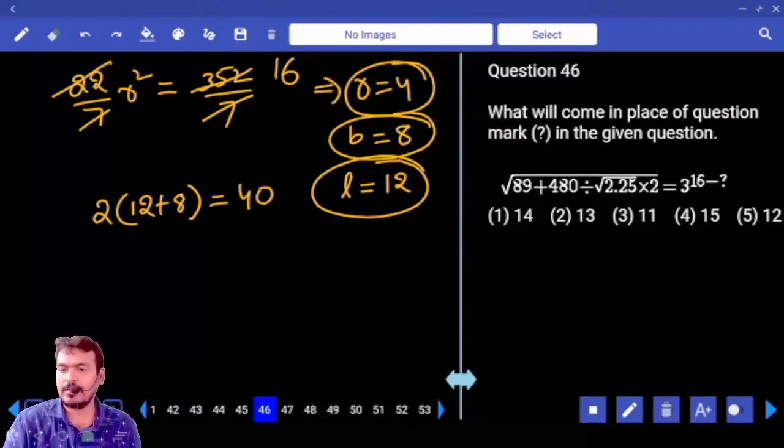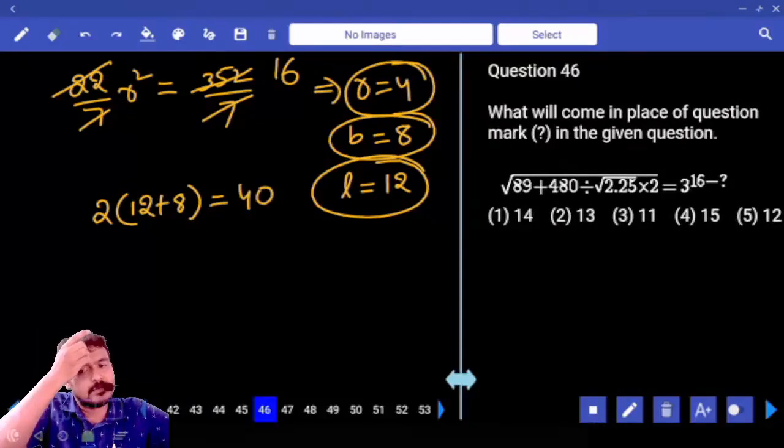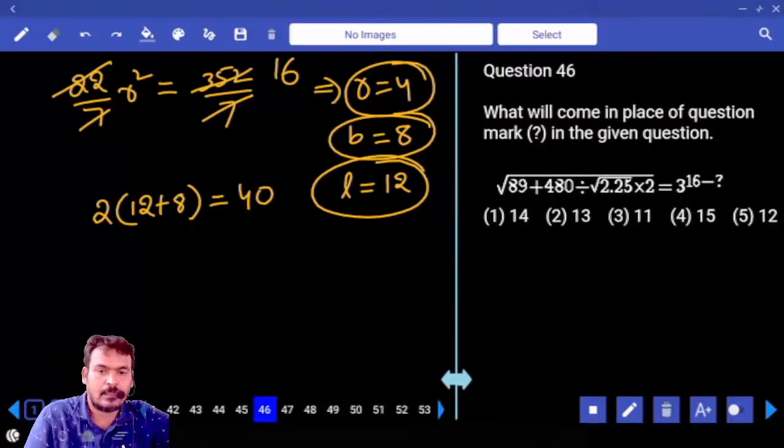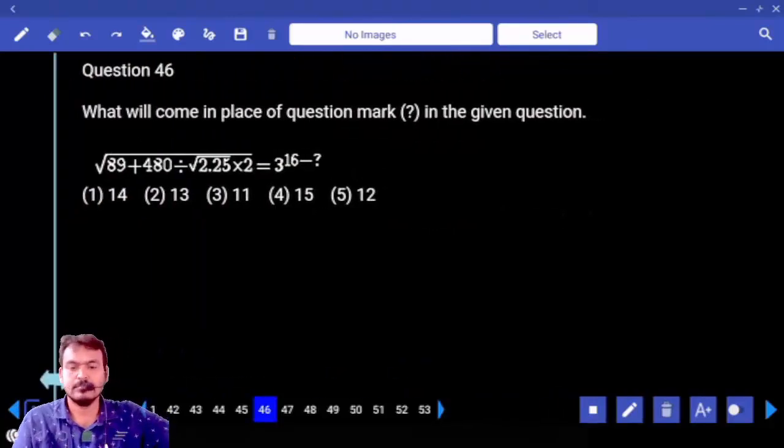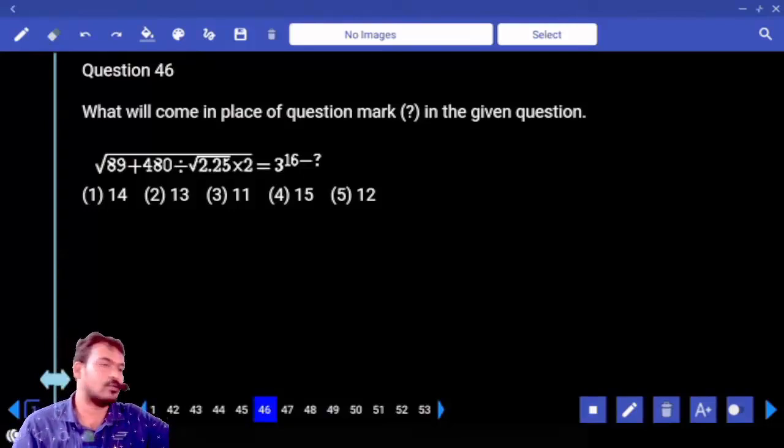Next, question number 46. Simplifications. First priority, square root of 2.25. The square root of 2.25 means 1.5. 1.5 we write as 3 by 2.